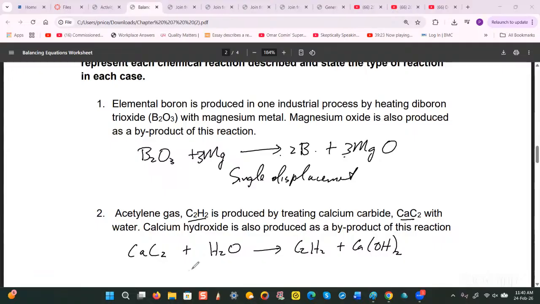So how would we go about balancing this equation? 1, 2, 1, 1. Okay, very good. And what type of reaction is this? Double displacement. Very good.